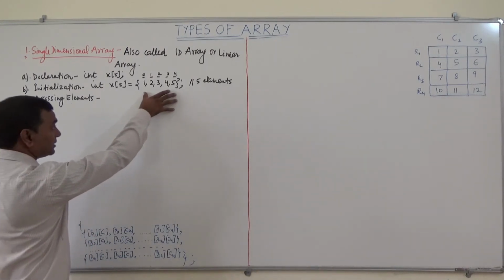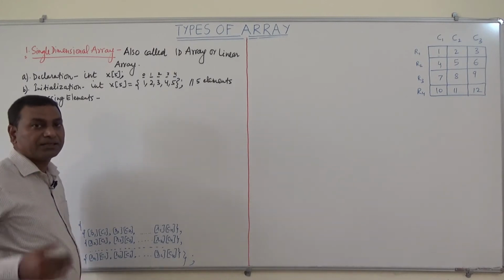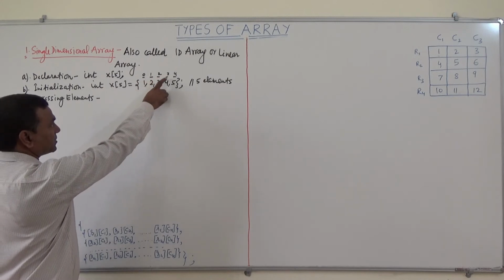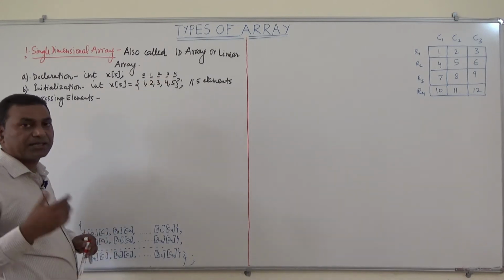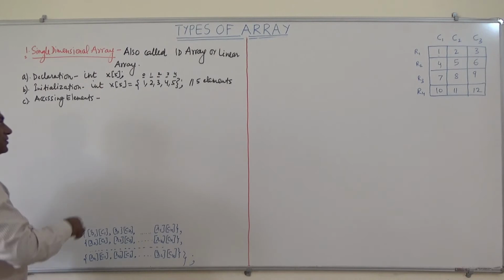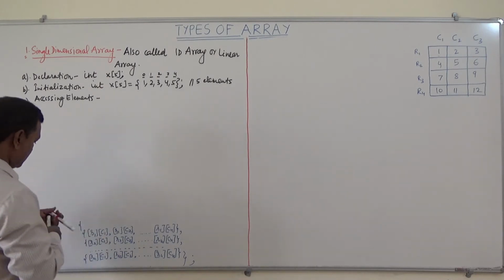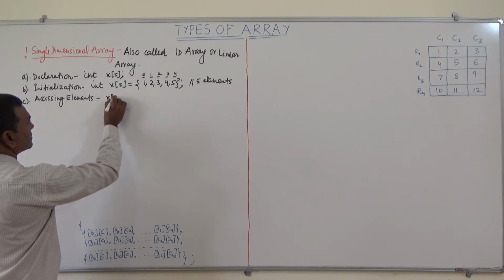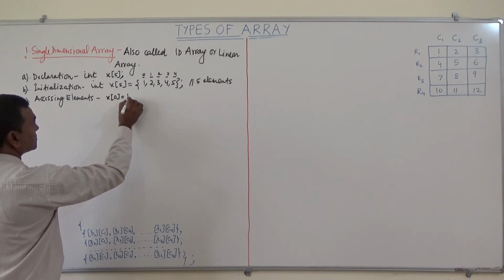So all the elements are identified by different indices, like index 0, index 1, index 2, index 3, index 4, and array starts from 0. So if you wish to access this first element, then we can write x[0] equals to 1.